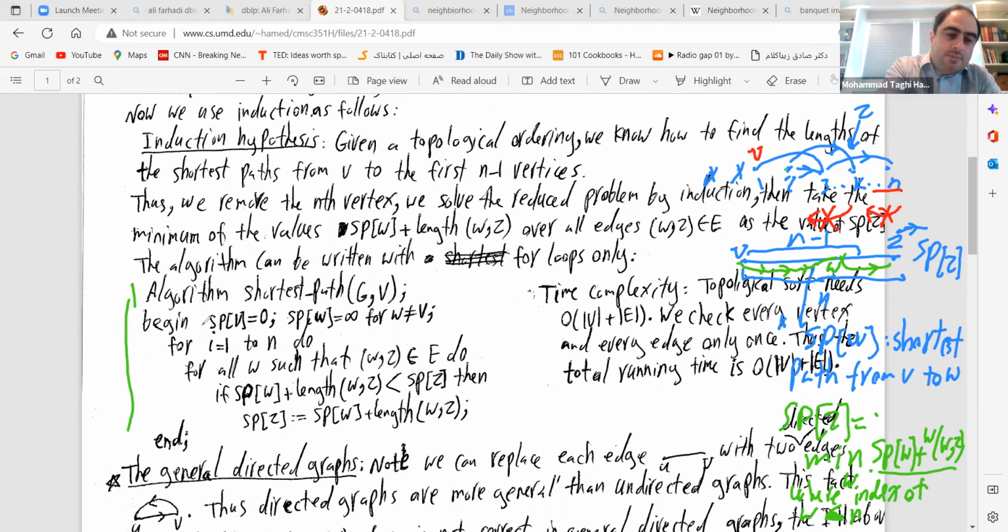So we know that SP of V is equal to 0, as I mentioned, and SP of W for W not equal to V is equal to infinity. Then what do we do for i equal to 1 to N? And what is N?